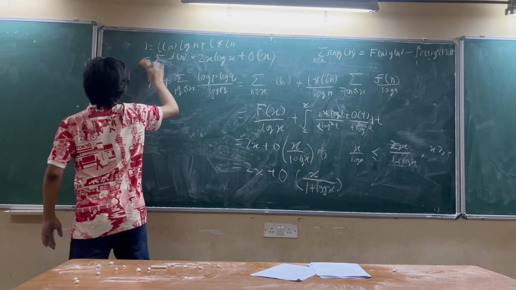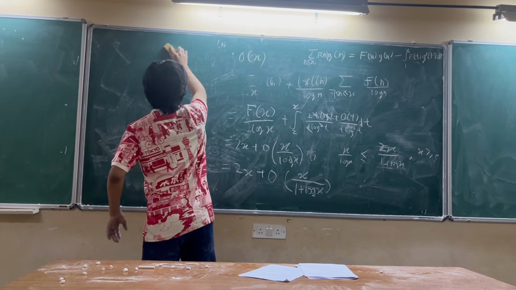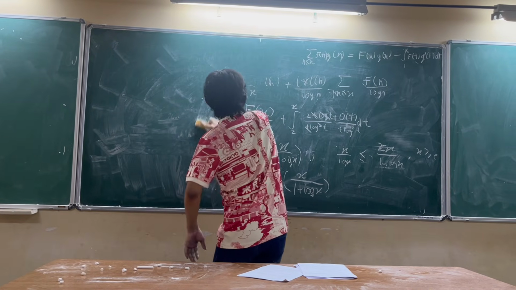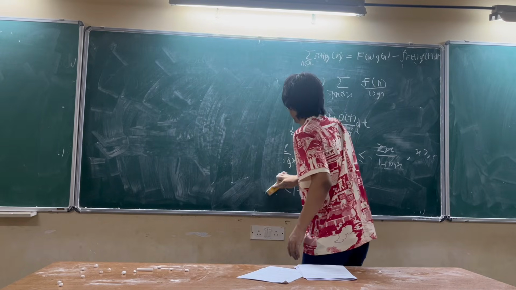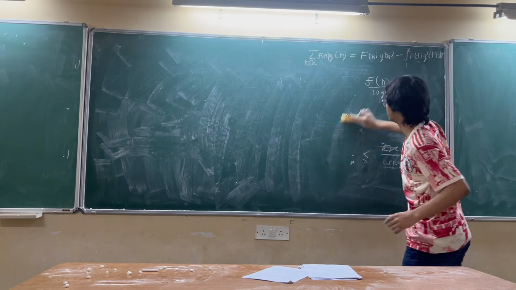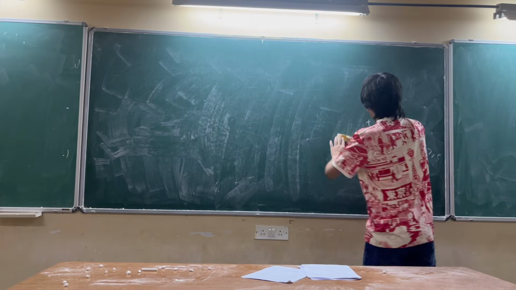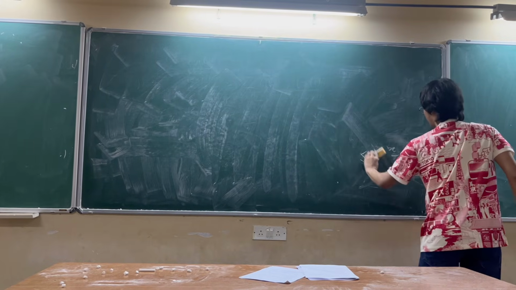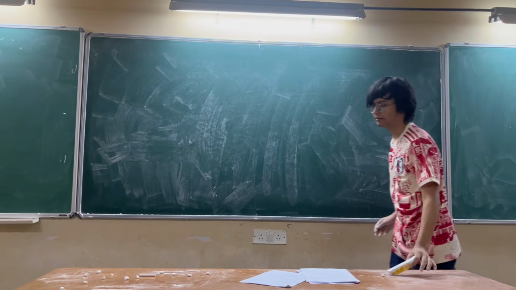The proof does not directly show that pi of x is asymptotic to x by log x. In fact, it doesn't even deal with pi of x. Remember, when we stated Chebyshev's theorem, we showed that as a consequence we have 3 equivalent ways of writing the prime number theorem.